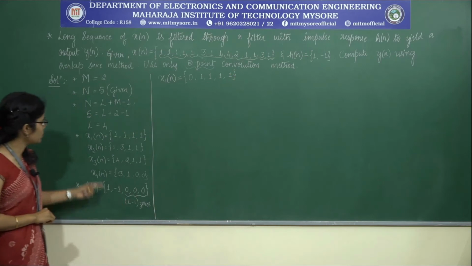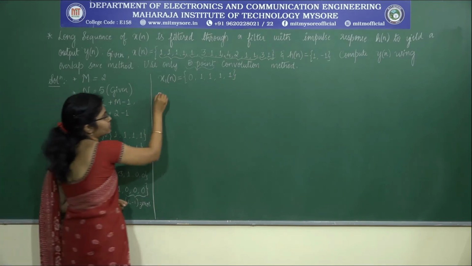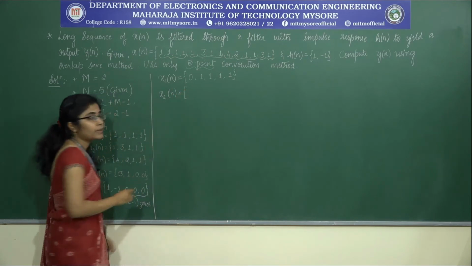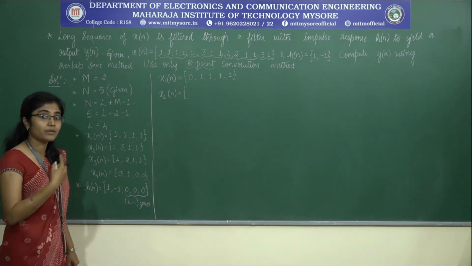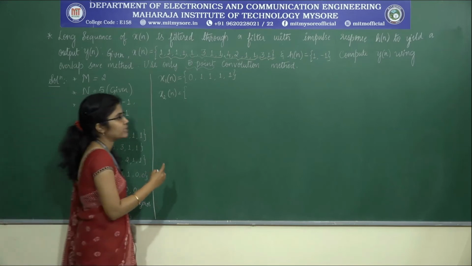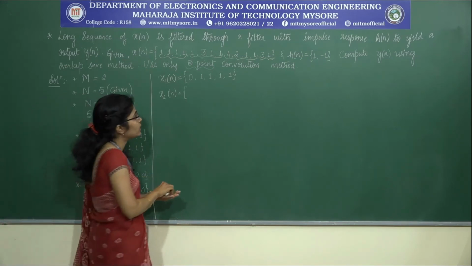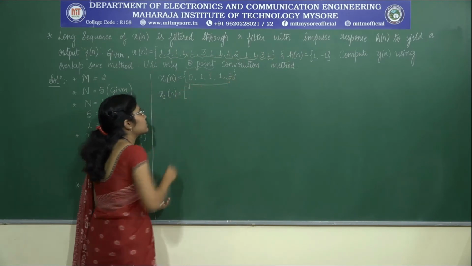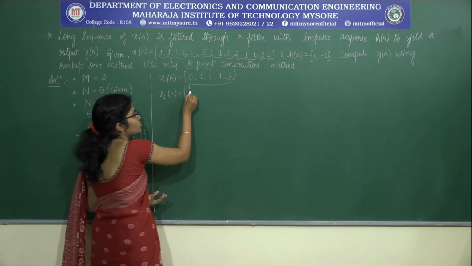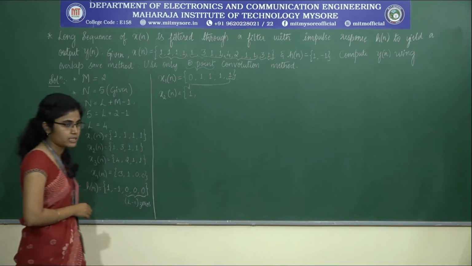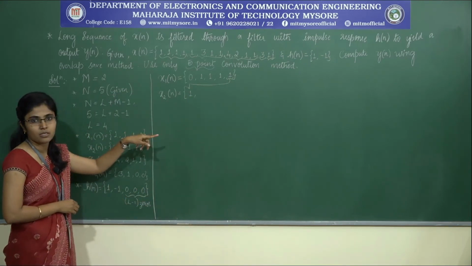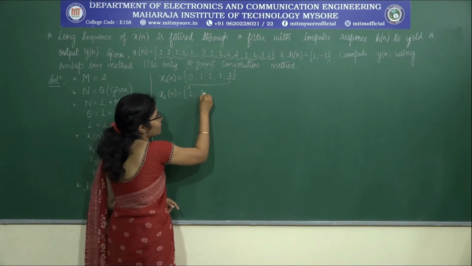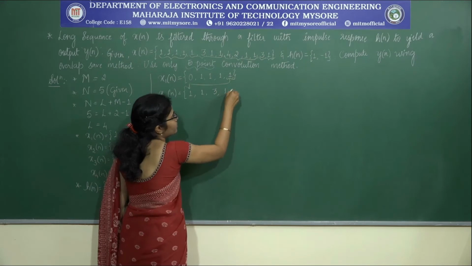Now moving on to the second data, x2 of n. Here I need to take the m minus 1 previous samples of x1 of n. M is 2, 2 minus 1 is 1. I need to write this as the first element of x2 of n. So write m minus 1 sample of the previous samples of x1 of n, and the rest of the samples as they are, that is 1, 3, 1 and 1.